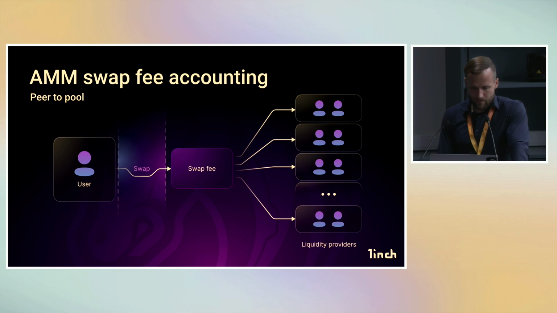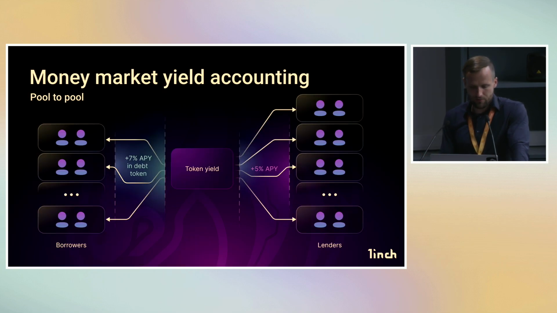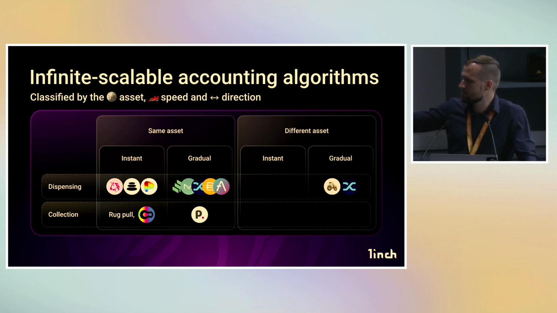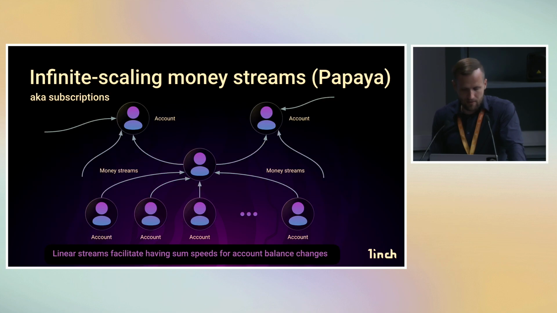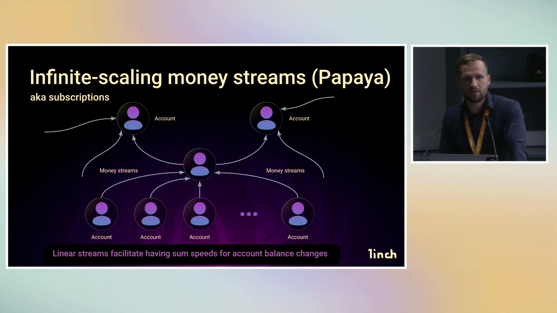So let me check what is the next slide. Yeah, and I forgot about this interesting use case. Right here you can see same asset gradual collection. I found only one project which is doing that. It's called Papaya, and it's infinite scaling money streams. How does it work?